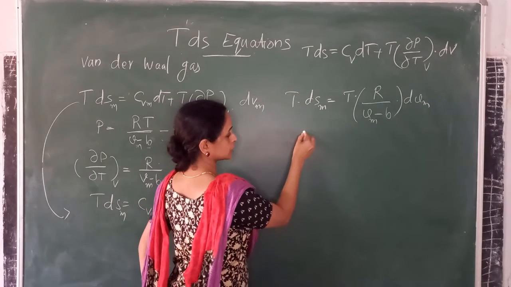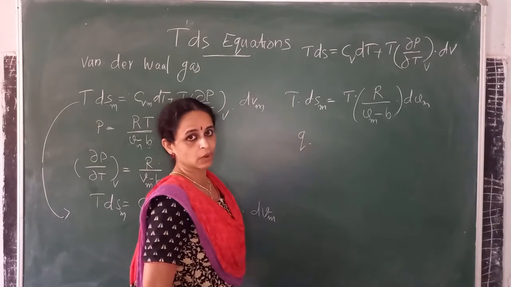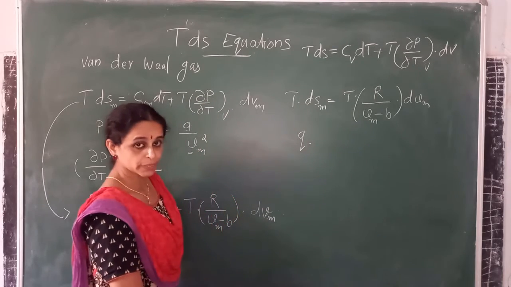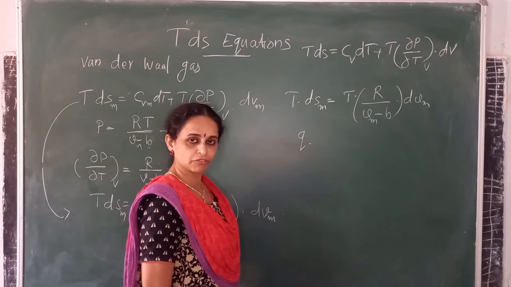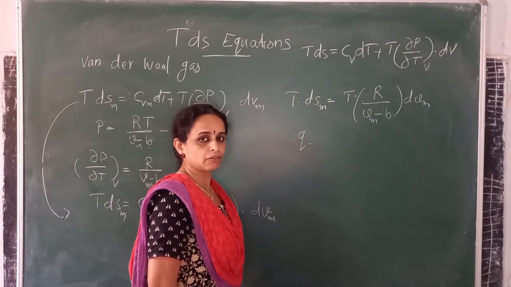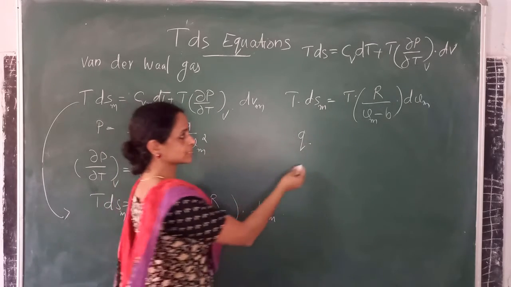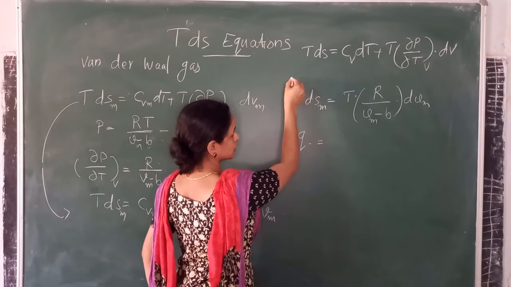So for the total heat transferred during an isothermal expansion of 1 mole of a van der Waals gas, we have to integrate.